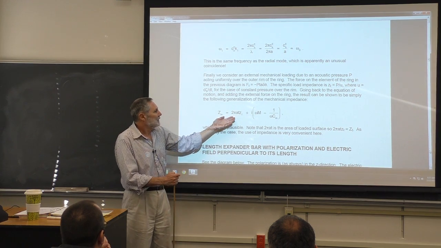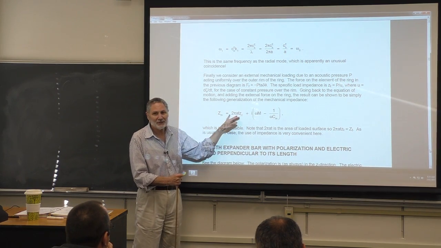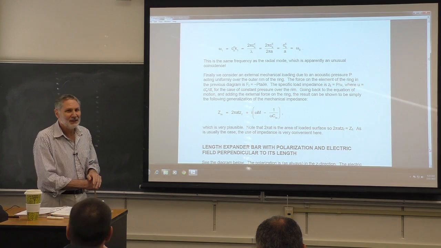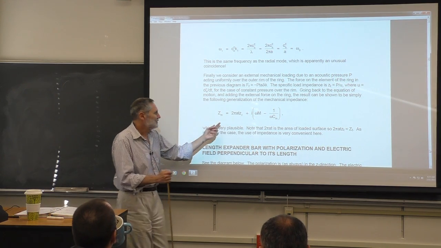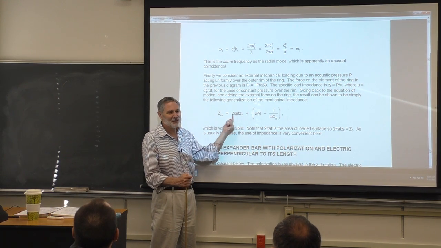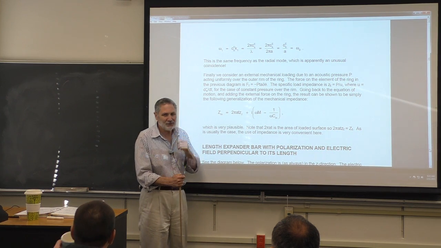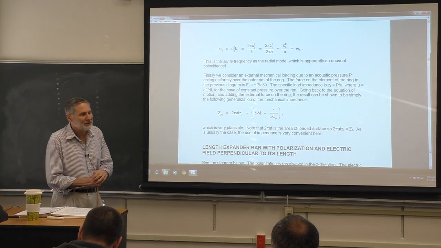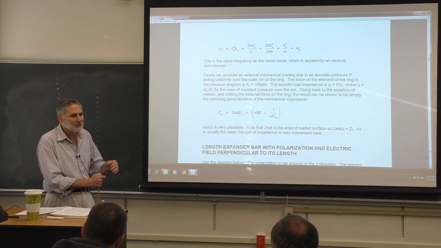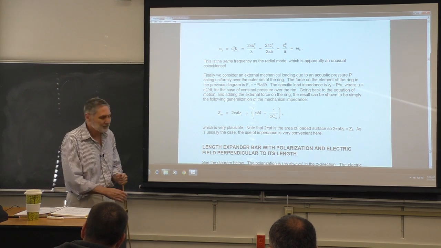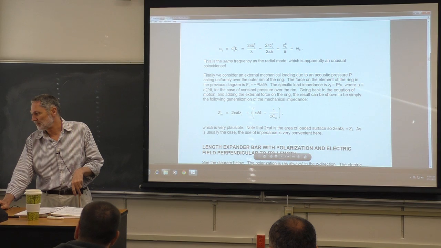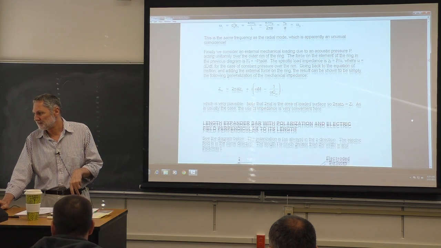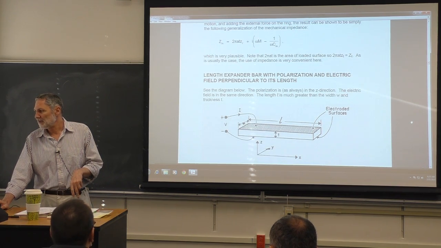So all you have to do in our final expressions is just throw this in. A huge advantage to going back and redoing the whole problem. Again, it's one of the reasons that impedance is so useful. Okay, any questions?